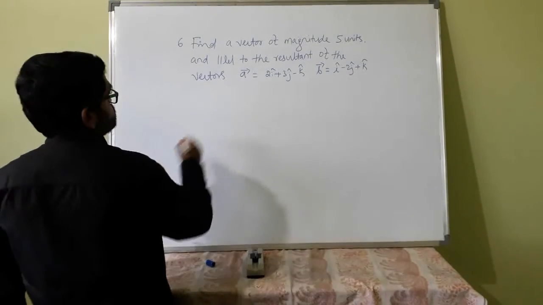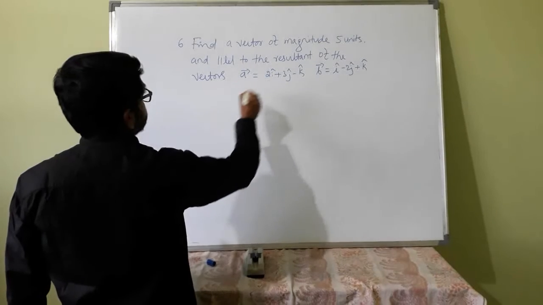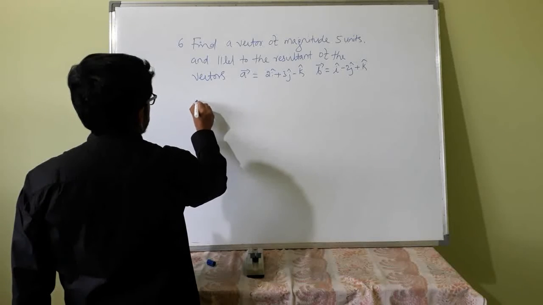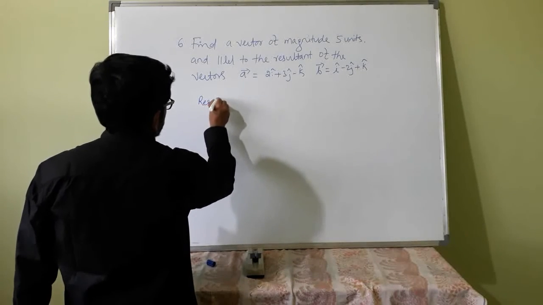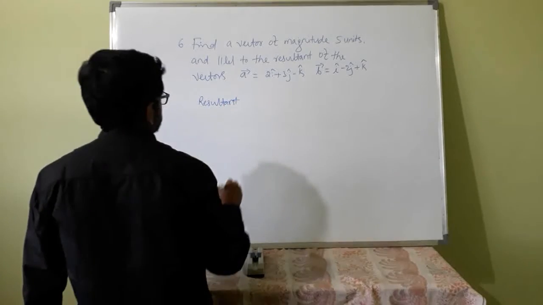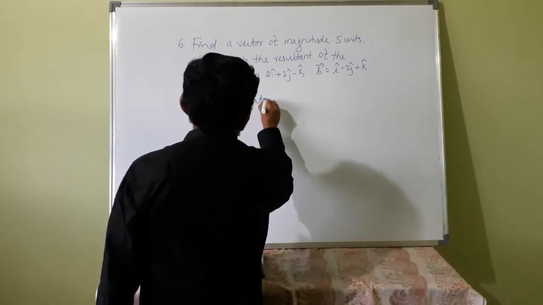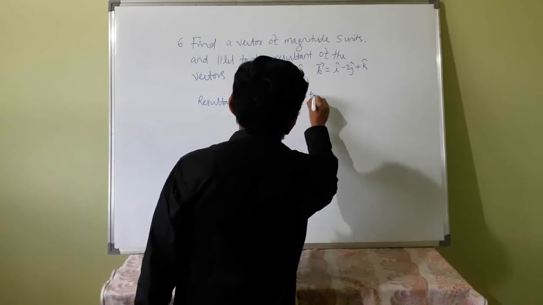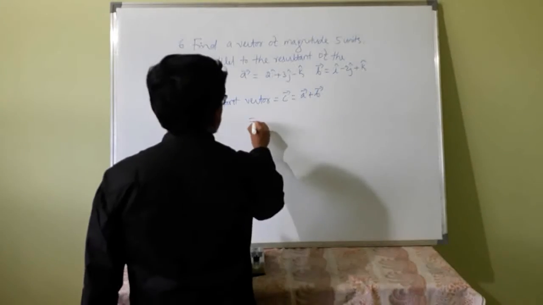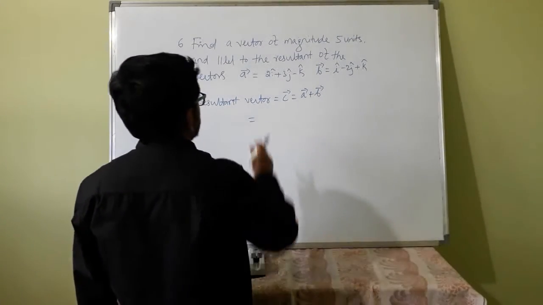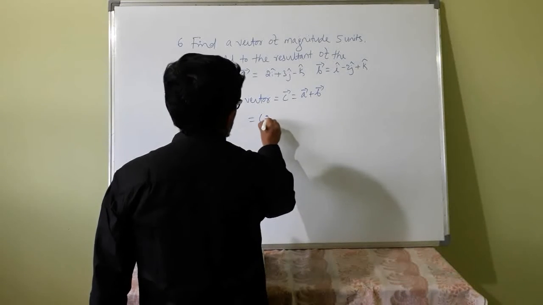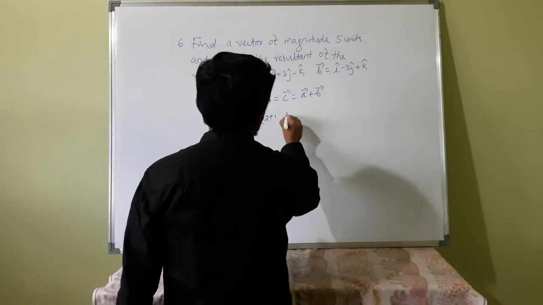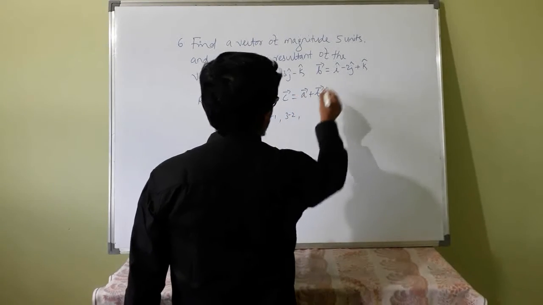Now the resultant vector c is equal to a plus b, which is 2 plus 1, 3 minus 2, minus 1 plus 1.